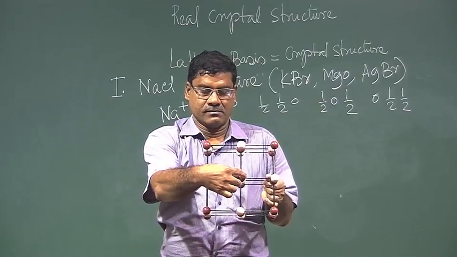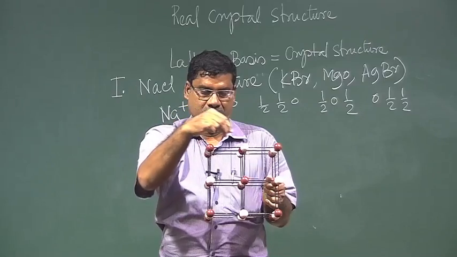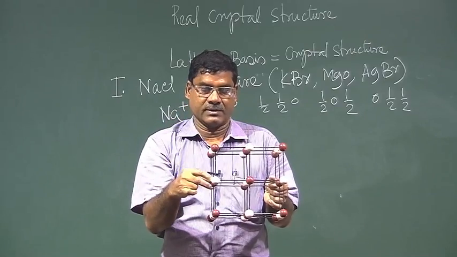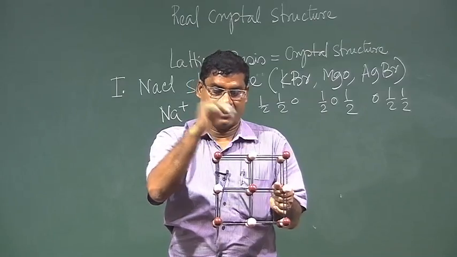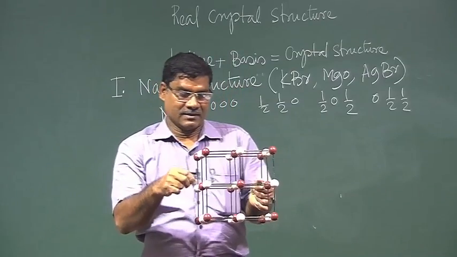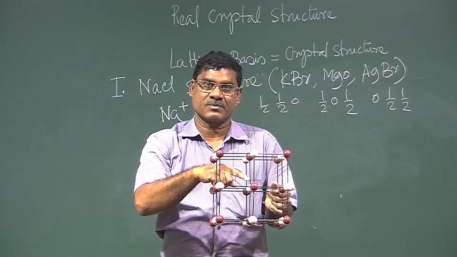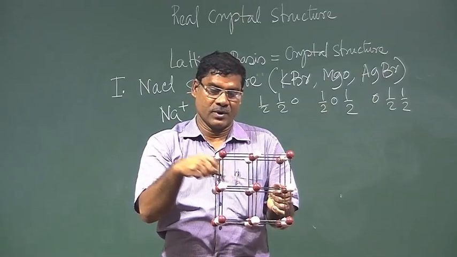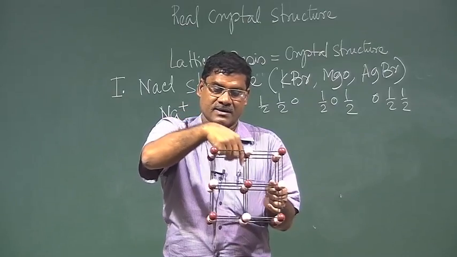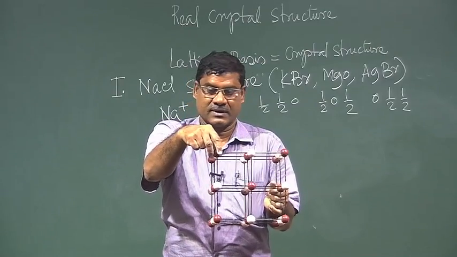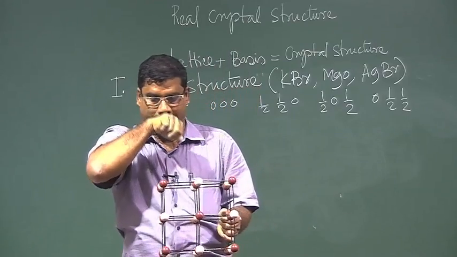So if 0, 0, 0 is this sodium, then the chlorine, as I told, is half the body diagonal distance.